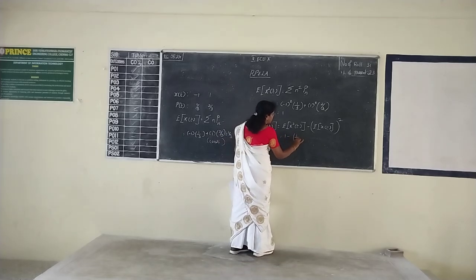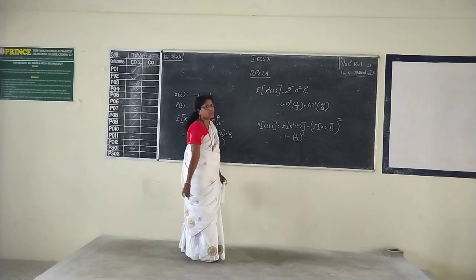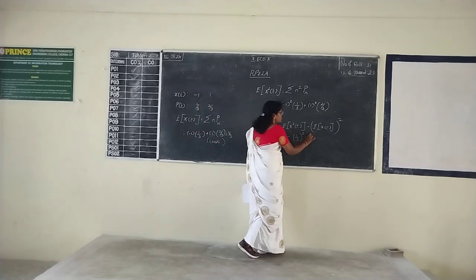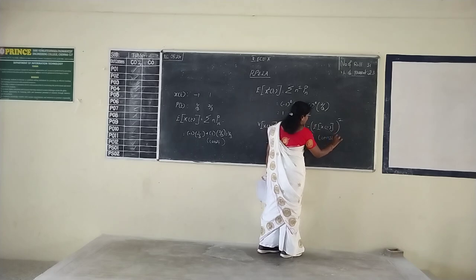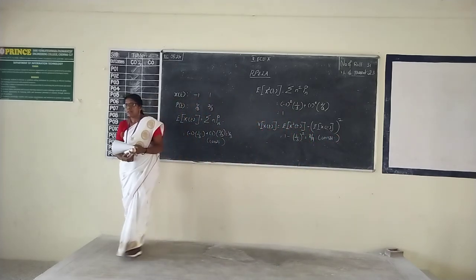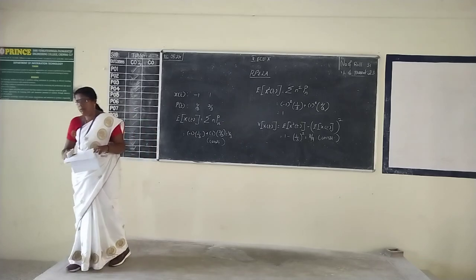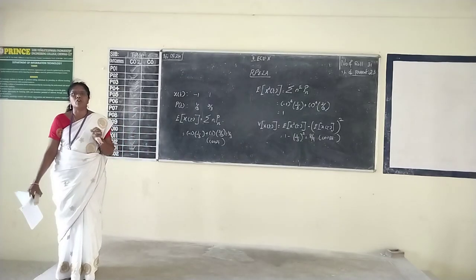E of x is 1 by 3, the whole square. Find what's the answer? Constant or a variable? So we got both mean and variance as a constant.